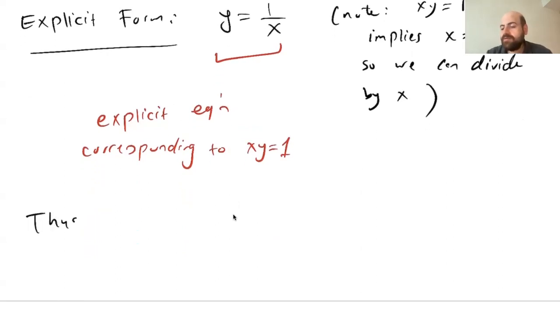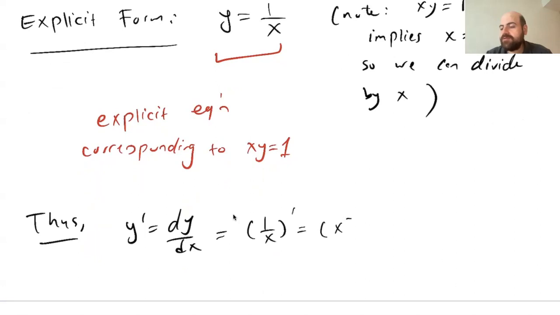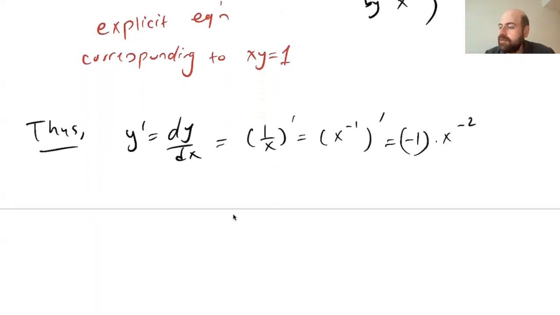So we can say that y prime, which is dy/dx, is what? It is simply the derivative of 1 over x, which means the derivative of x to the power minus 1. Again, the derivative of x to the power m is m x to the power m minus 1. So minus 1 times x to the power minus 2, which is minus 1 over x squared.